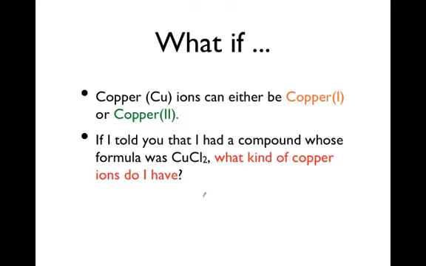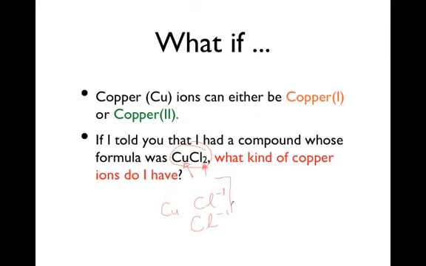So the answer requires us to remember that chlorine or chloride ions prefer to have a charge of -1. And this formula is telling us that we have 2 chloride ions attached to every single 1 copper ion. So we have chlorine and another chlorine with a negative charge, and they are all attached to 1 copper.